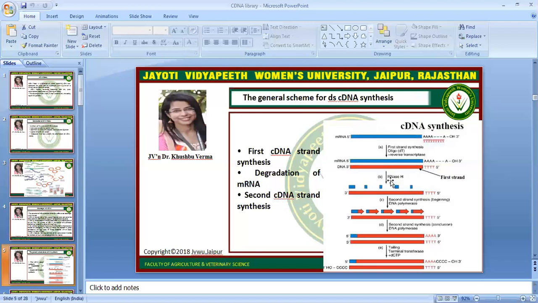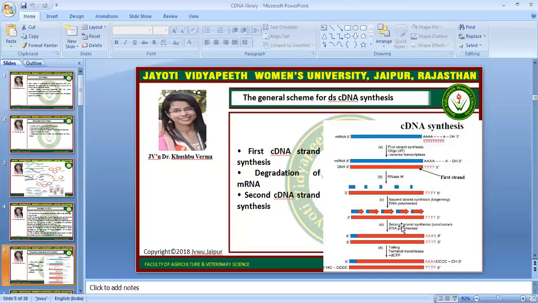Then RNase H will start to degrade the messenger RNA region, and second strand synthesis begins with the help of DNA polymerase. DNA polymerase will use the cDNA strand as a template and create the complementary region of the second strand of the cDNA.